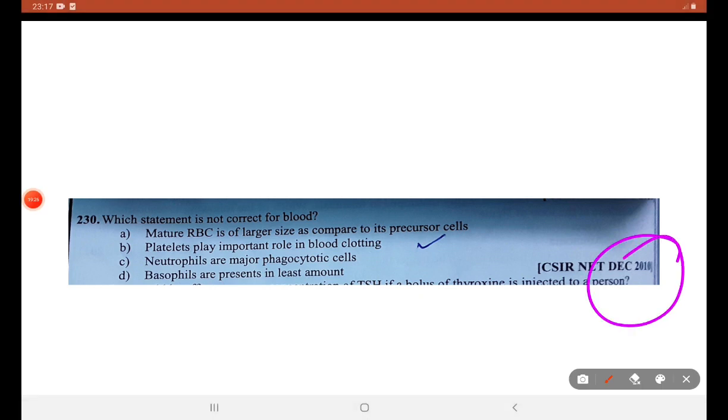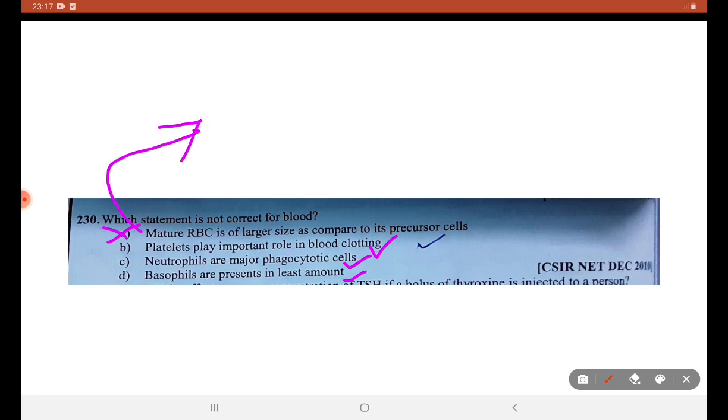From December 2010. So basophils, we are going to find the incorrect statement. Basophils are present in least amount, correct. Neutrophils major phagocytic cell, correct. Platelets play an important role in blood clotting, correct. A is incorrect. Mature RBC is of larger size as compared to its precursor cell.